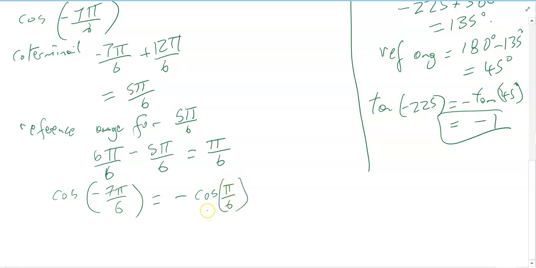And we know that the cosine of pi over 6 was root 3 over 2. So this answer will be negative root 3 over 2. Okay, recheck that. Negative root 3 over 2.